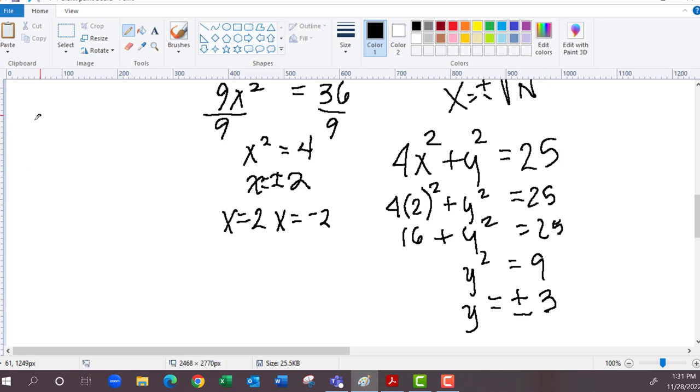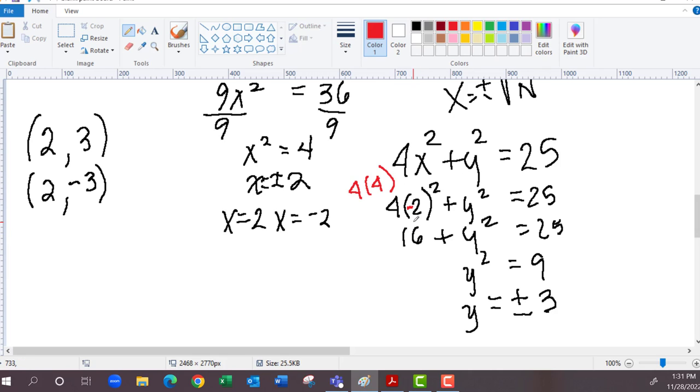So that means when x is 2, y is 3, and when x is 2, y is also -3. So those are my first two answers. Now I have to put -2 in here, and what you'll notice, if I put a negative right here, that's still going to be 4 times 4, or 16.